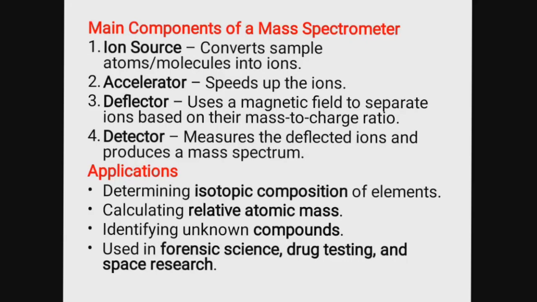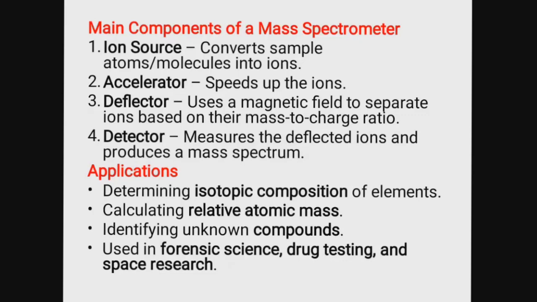Then the next one is the accelerator, which speeds up the ions. Then the deflector uses a magnetic field to separate ions based on their mass to charge ratio. Then we have the detector, which measures the deflected ions and produces a mass spectrum.